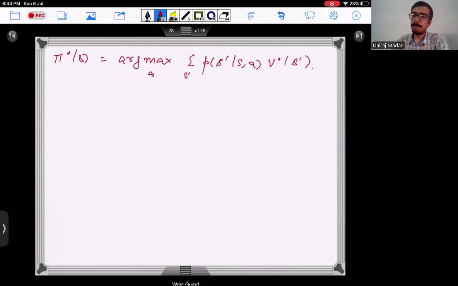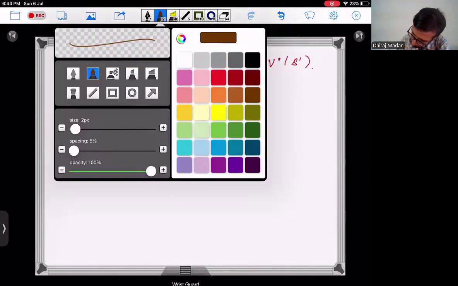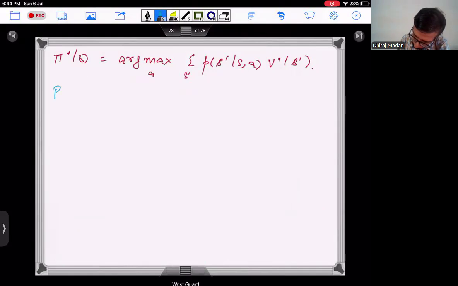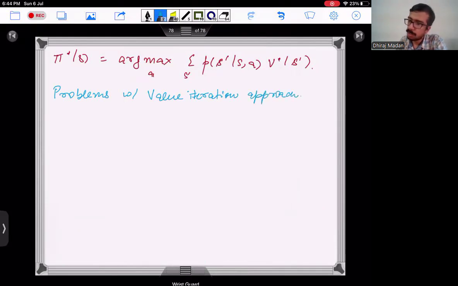So what are some problems which we see with this value iteration approach? Firstly, it's not an exact algorithm, so the convergence is approximate.